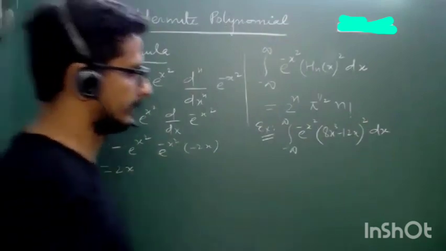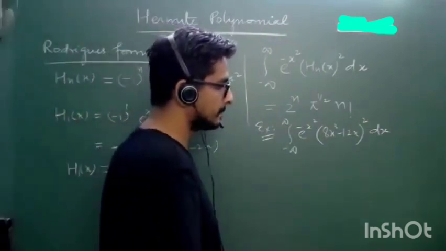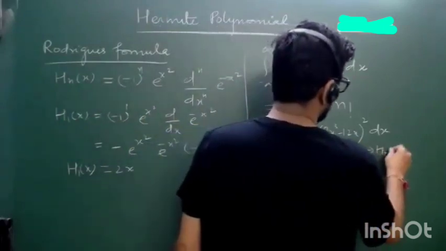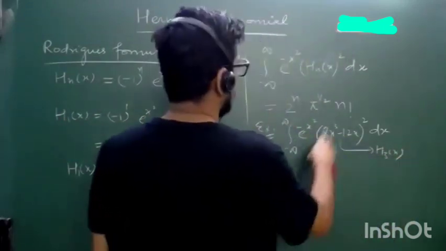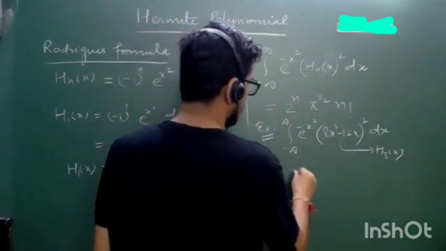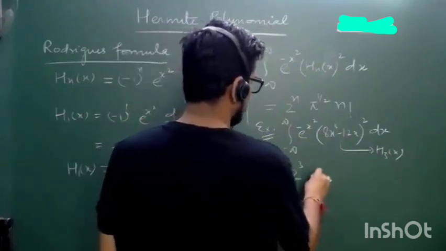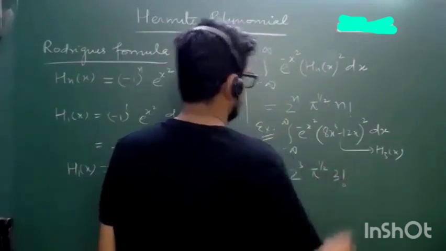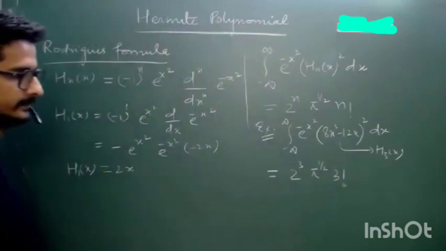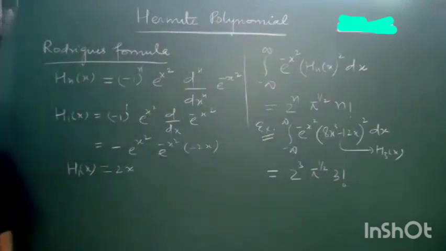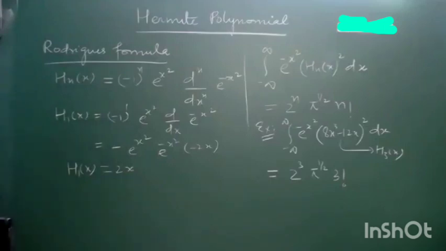H3. So this is H3, and this is a very complicated integral, but you can directly write the solution as 2^3 pi^(1/2) and 3 factorial. This is the answer. So this is how this integral can be done.